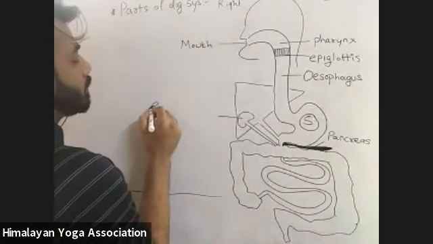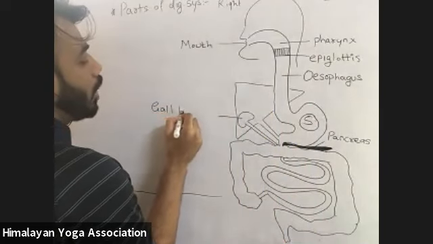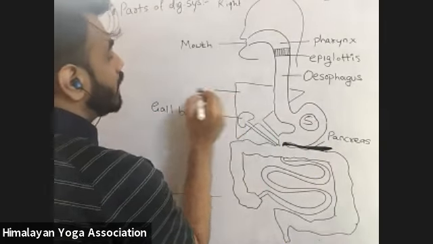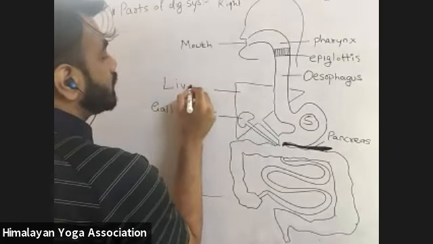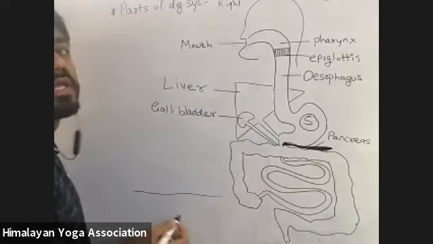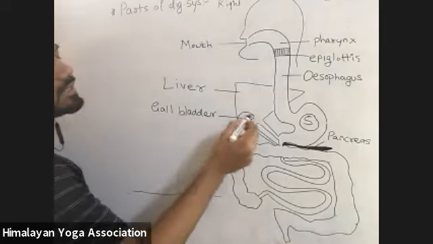So here I will represent the gallbladder, and here I will represent the liver. The gallbladder is inside the liver.